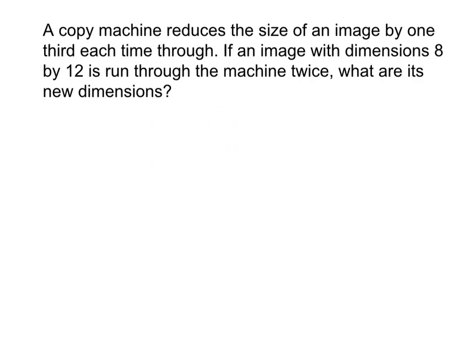A copy machine reduces the size of an image by 1/3 every time through. If an image with dimensions of 8 by 12 is run through the machine twice, what are its new dimensions? Alright, this one's a little bit trickier. Let's start out our equation, y equals ab to the x.